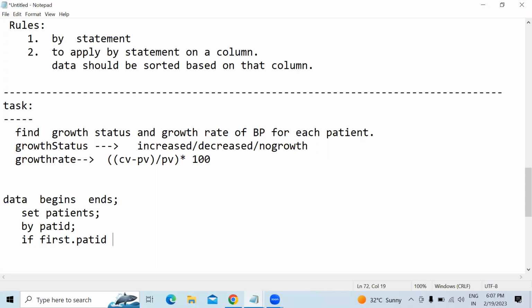If first dot patient ID, then output to begins. If you say else, except the first one, all the remaining records will come into this one. That's why I will write a separate statement instead of going for else. If last dot patient ID, then output.